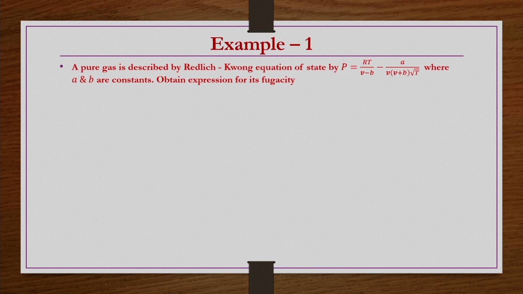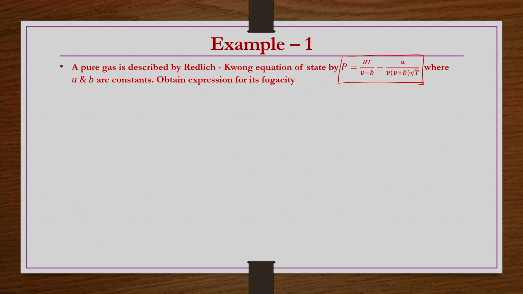Now we take the Redlich-Kwong equation as an example. We take a pure component whose equation of state is described by the Redlich-Kwong equation, and it is given by P equals RT by V minus B, minus A by V plus B, square root of T, where A and B are constants. These are for pure components, so we do not need to worry about the mixture.